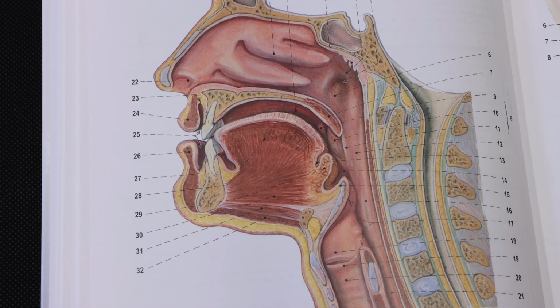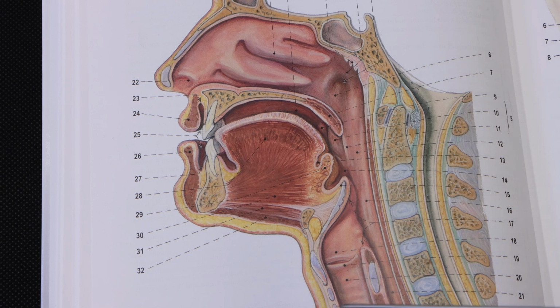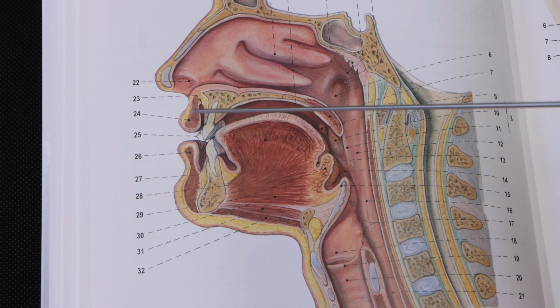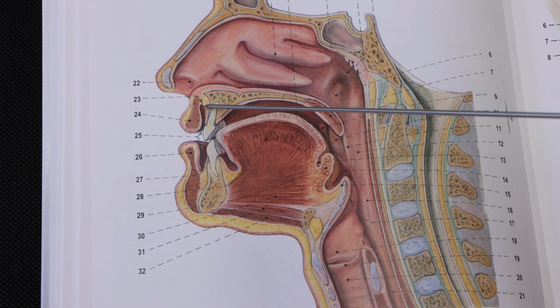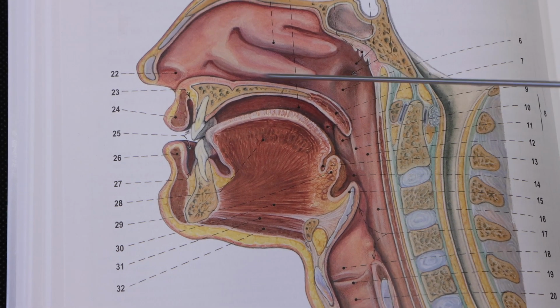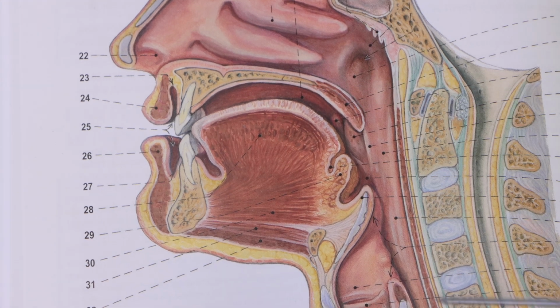The first part of the gastrointestinal tract is the oral cavity. Generally, the oral cavity is bordered anteriorly by the upper lip and lower lip. Superiorly it is bordered by the palate, which is composed of the hard palate and partly the soft palate.